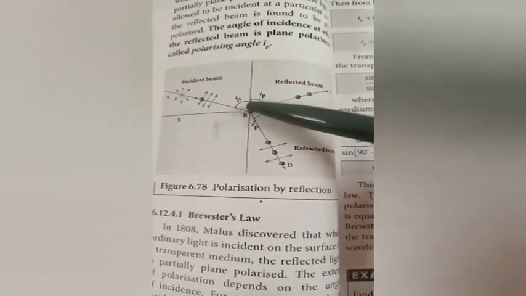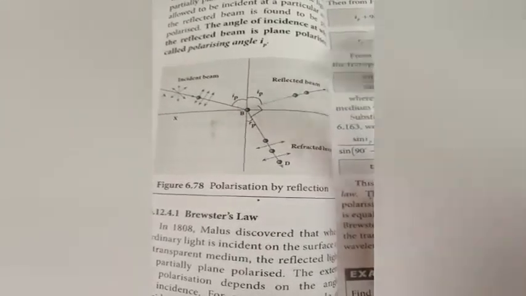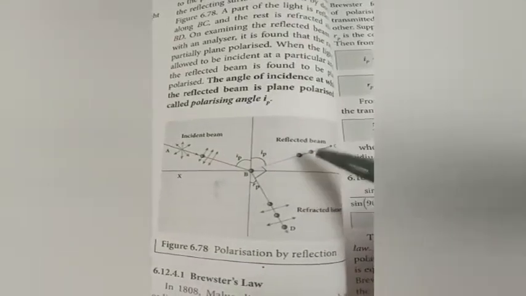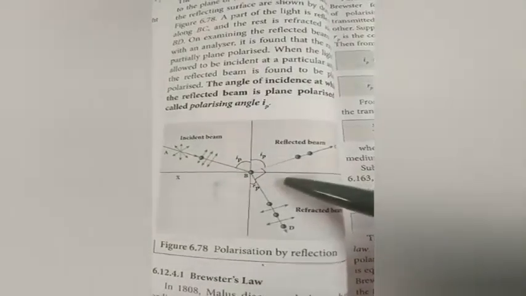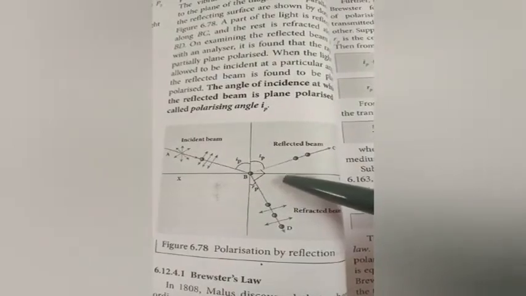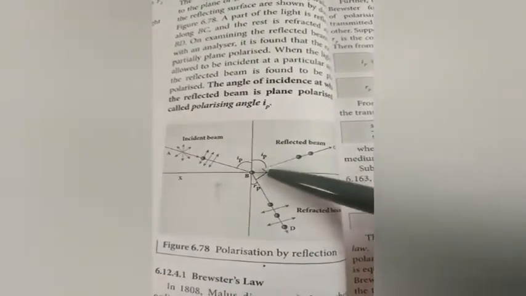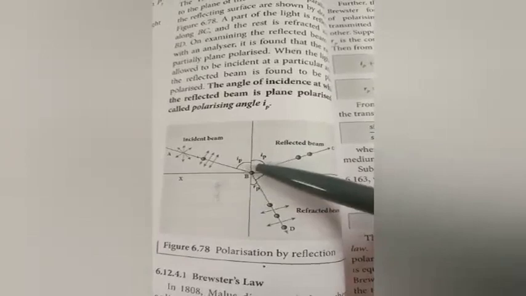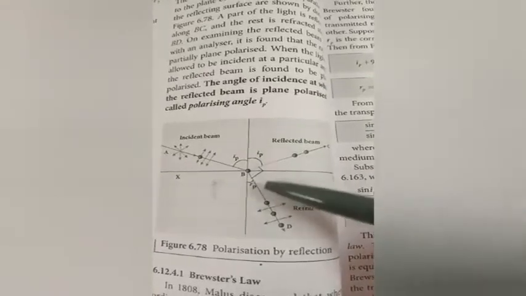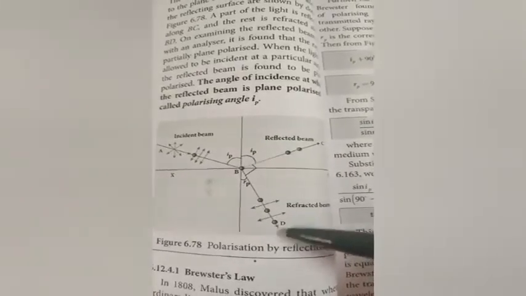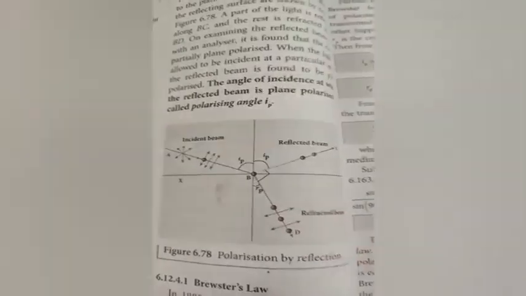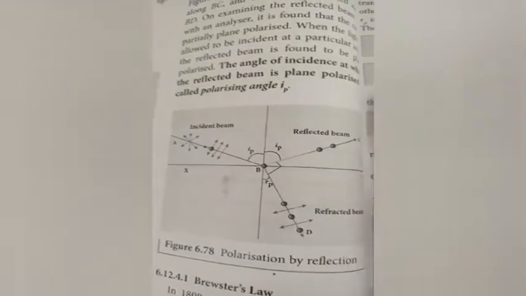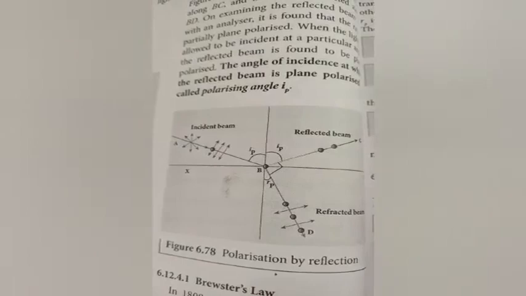This is the incident angle. The angle of incidence at which the reflected beam is plane polarized is called the polarizing angle IP. This angle has an equal value. Now refraction also takes place, and RP is the corresponding angle of refraction.